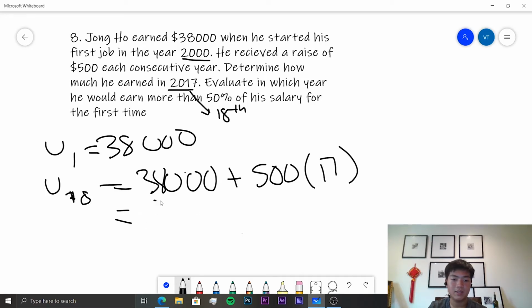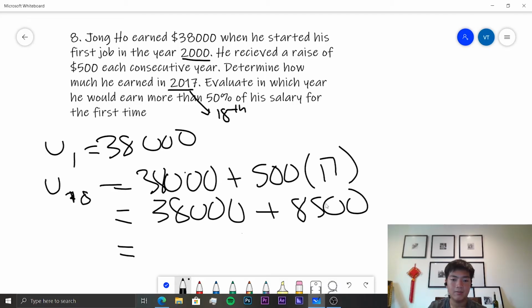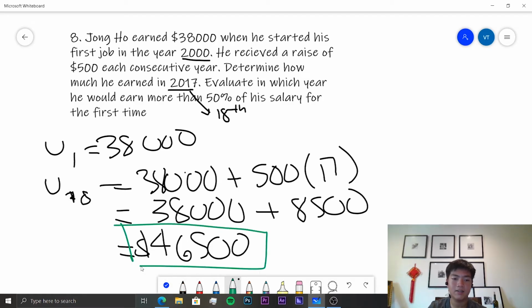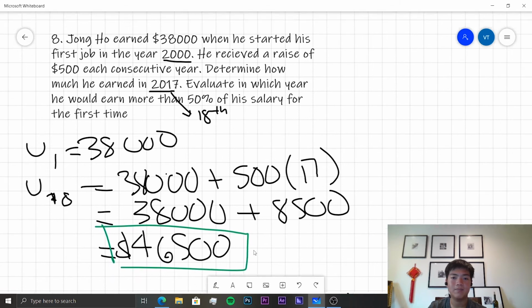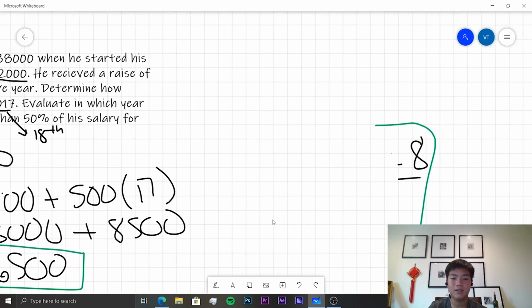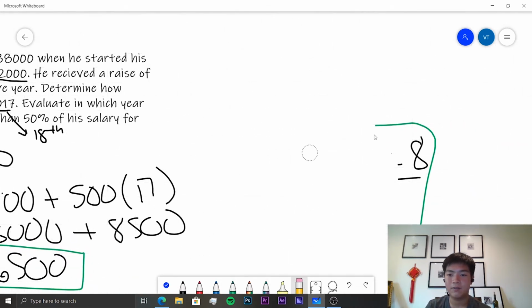So this is equal to 38K plus 8,500, if my math isn't wrong, which is equal to $46,500. So that's how much he earned in 2017.